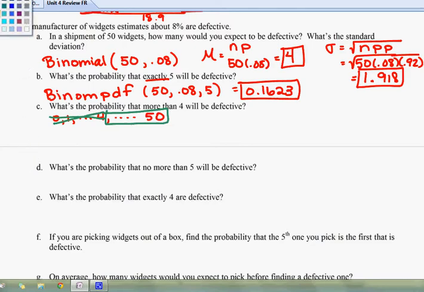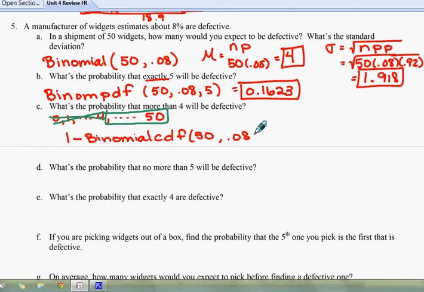And since I'm eliminating the numbers on the smaller end, I'm going to say 1 minus the binomial CDF, because it's a range, of 50, probability of 0.08, going up to 4, because we're subtracting this. And when you do that, you get 0.2037. Remember, at any time of this, if you want to check, I'd really highly recommend that you make sure that you can enter these into your calculator properly, because that really is part of the work here.